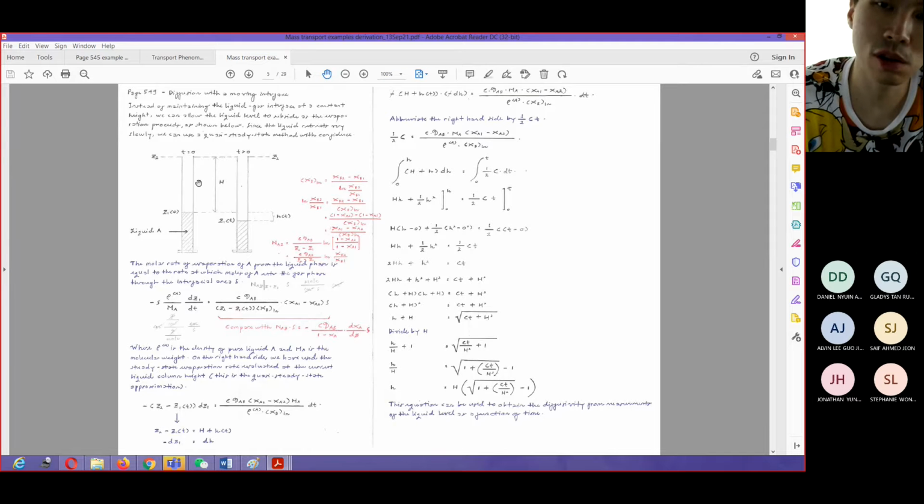And this is where you get all the diffusivities for your gas, diffusivities of liquid A in gas B, for all the values that I showed you yesterday in Bird's book, basically. Okay, then this equation is what people have been using to obtain the binary diffusivities from the measurement of the liquid level as a function of time.